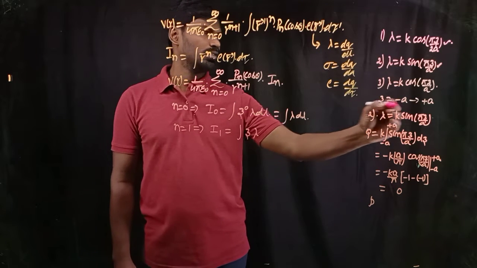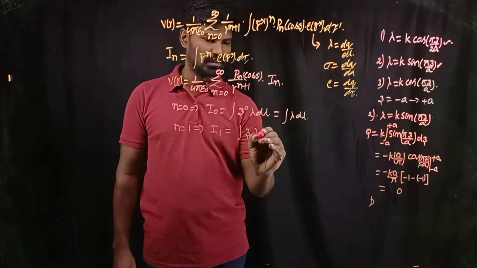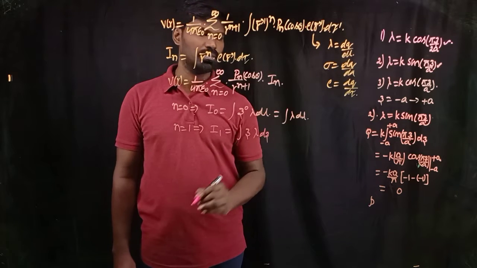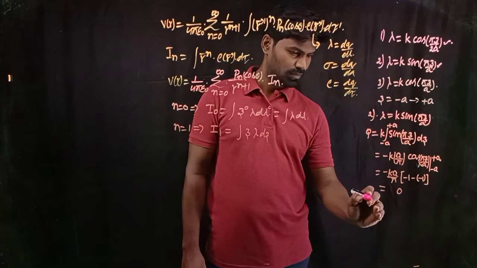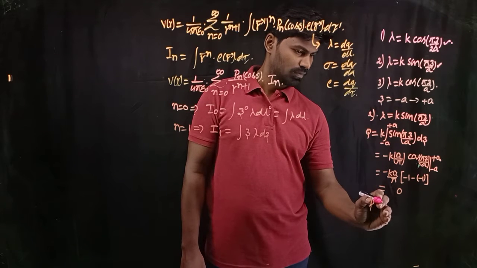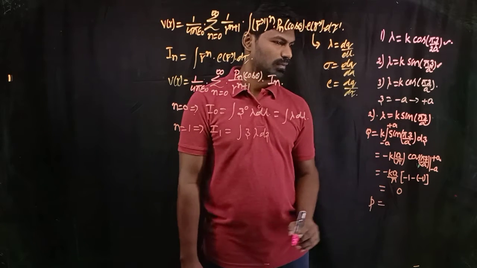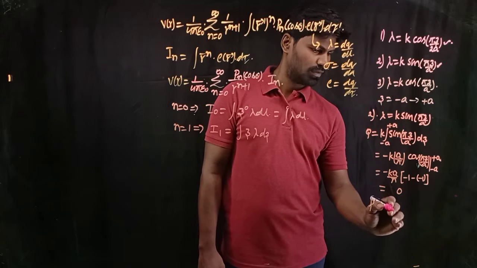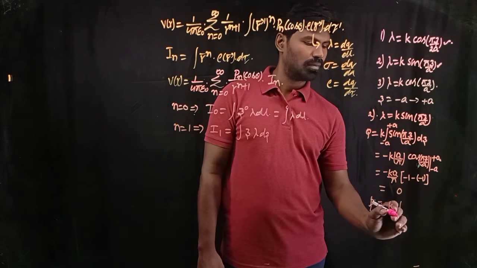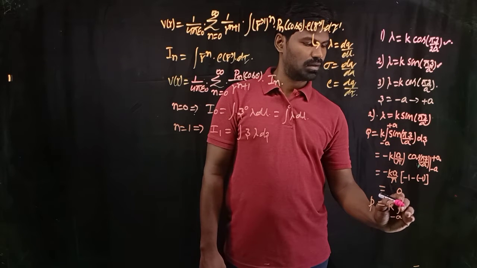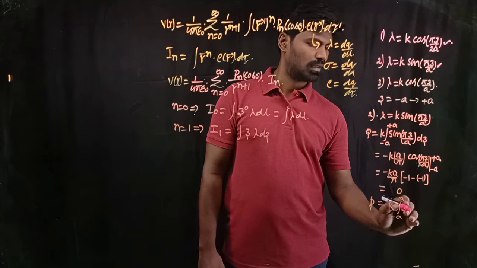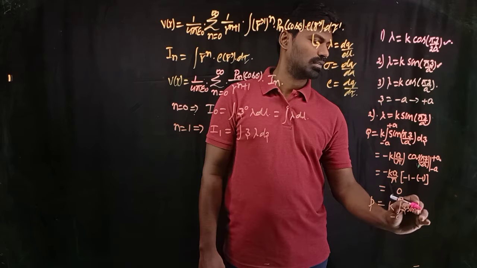Here charge is distributed along the z axis, so dl should be replaced by dz only. So now I am going for the dipole term. P is equal to k into the integral from minus a to a of z into sine pi z divided by a dz.